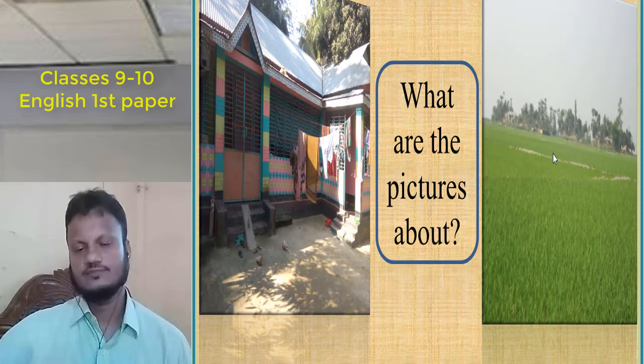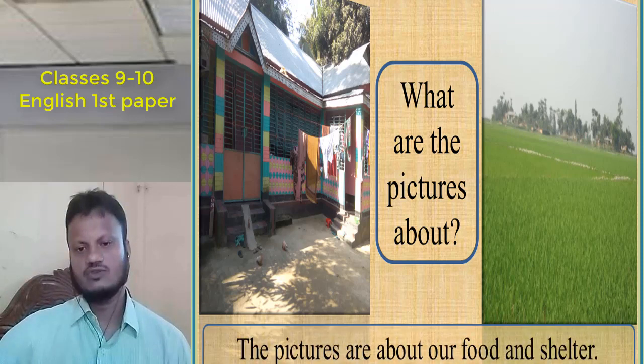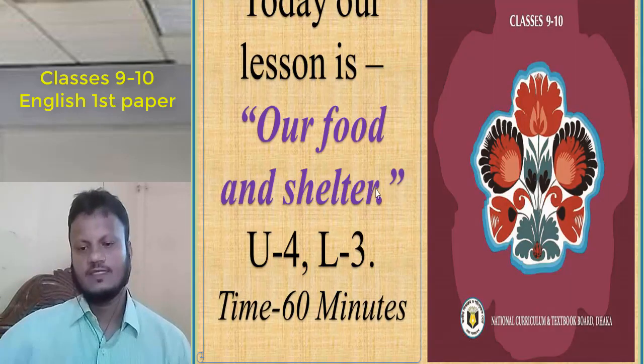Now dear students, can you tell me what we are going to discuss today? Yes, this is our food and shelter. Unit 4, lesson 3. Please open your book, class 9 and 10.